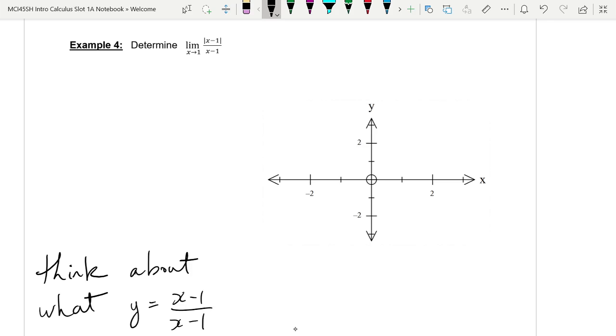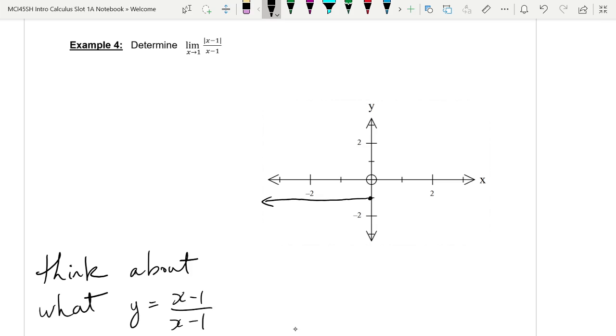So at 0, looks like we're going to be at negative 1. What happens at negative 1? Well, the numerator would be 2, but the denominator would be negative 2, so we'd still be at negative 1. So we're going to go this way.